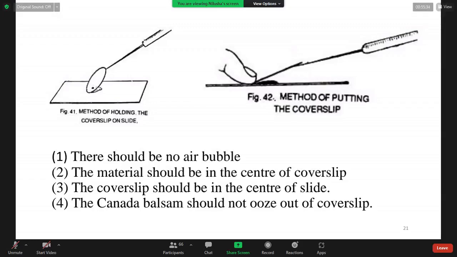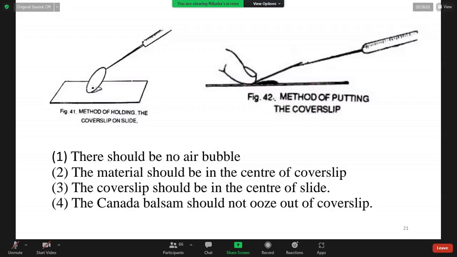There should be no air bubbles present between the cover slip and the mounting medium. Our sample we have to put at the center of the cover slip.